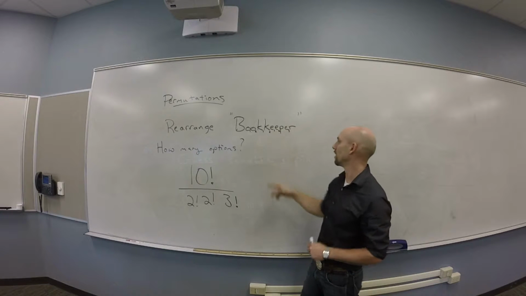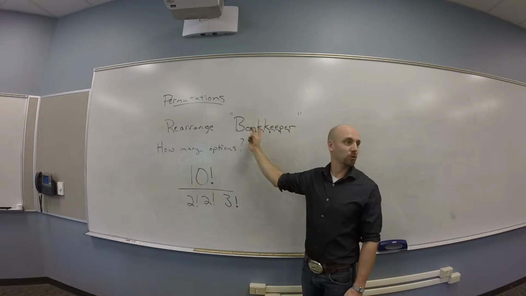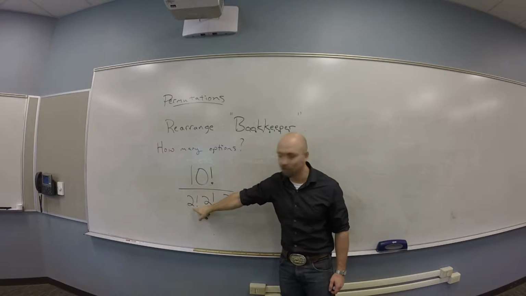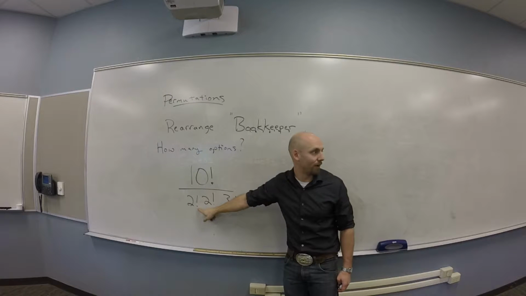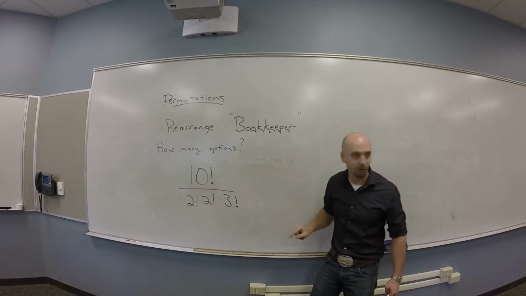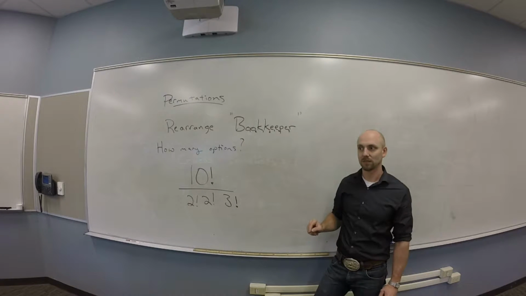And then I'm going to think to myself, well, swapping O1 for O2 shouldn't make any difference at all. So I want to slice out the number of ways there are to swap O's around, the number of ways to swap K's around, and the number of ways to swap E's around. Does that make better sense?